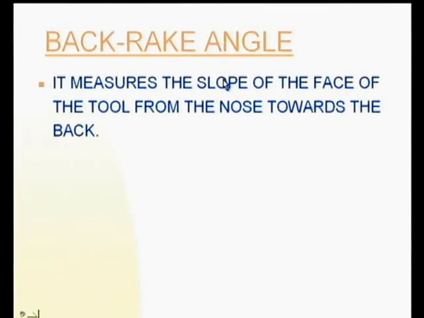When we see it in the figure, what does the back rake actually measure? First of all, this measures the slope of the face of the tool from the nose towards the back. You have seen that the slope is there. It is given from the nose towards the back.